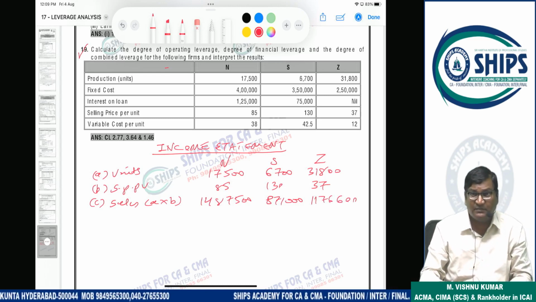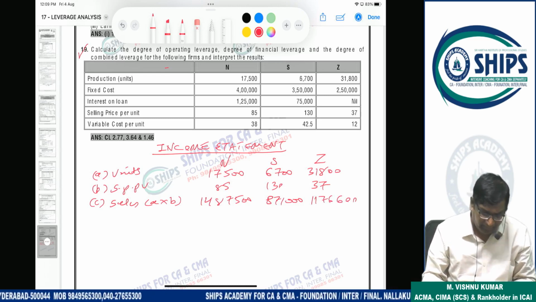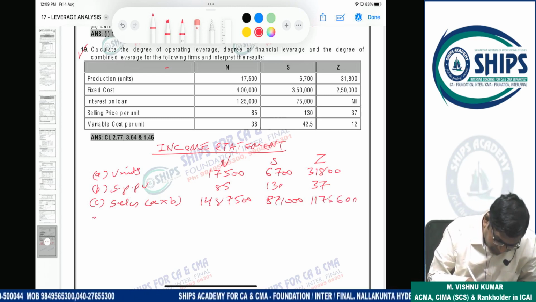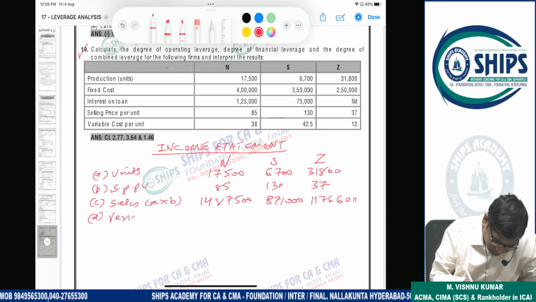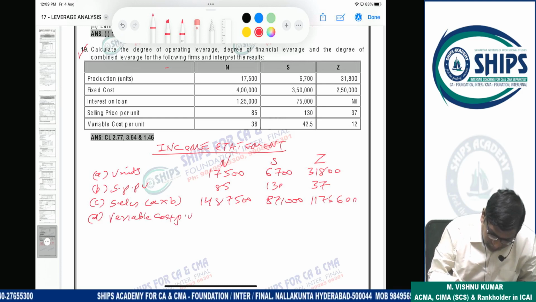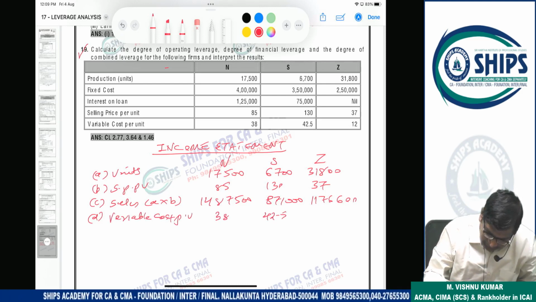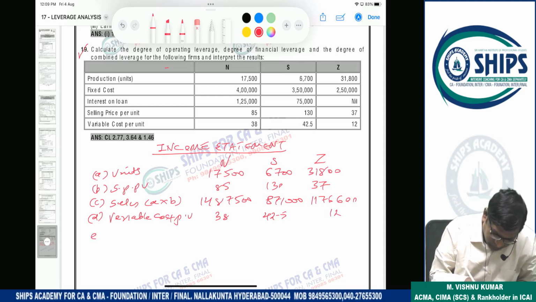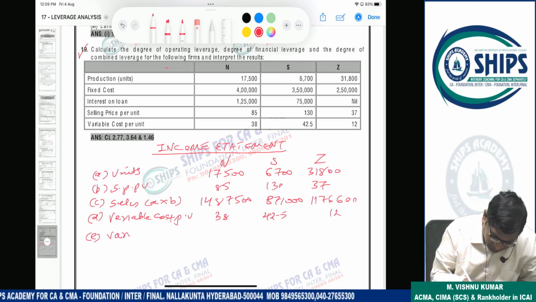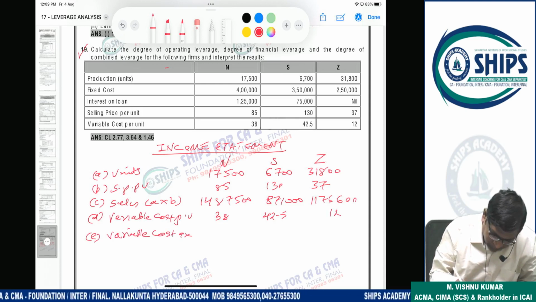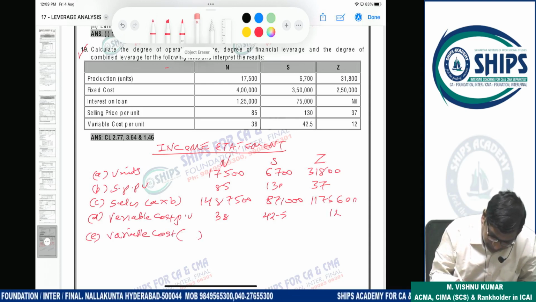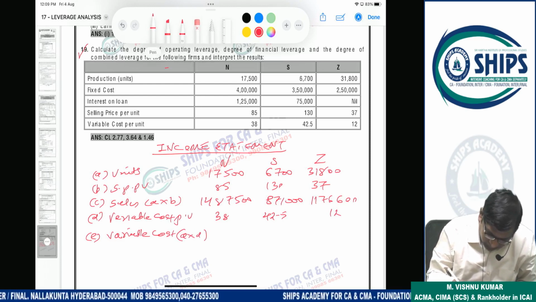This is sales. Okay. Now we have to calculate variable cost. Variable cost per unit is how much? 38, 42.5, 12. Now variable cost, units into variable cost per unit.